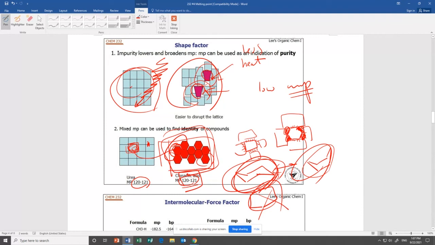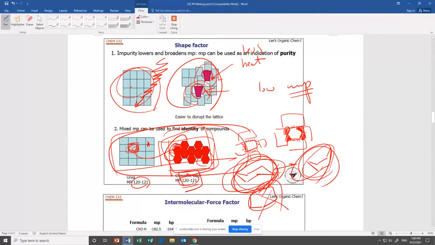So I am giving you one leverage. As you learn new concepts, you have to remember, oh, Dr. Lee said shape is extremely important to predict the properties. We're not just learning different shapes giving different energy.